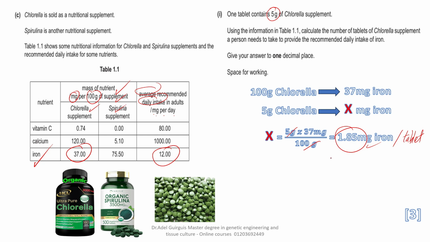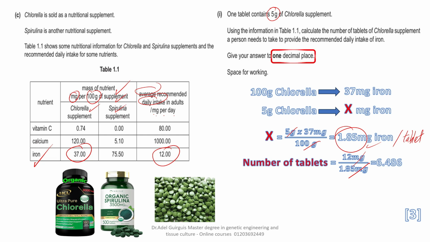So how many tablets are needed to provide this recommended daily intake? Number of tablets equals 12 milligram divided by 1.85 milligram, cancel milligram with milligram. So it equals 6.486.